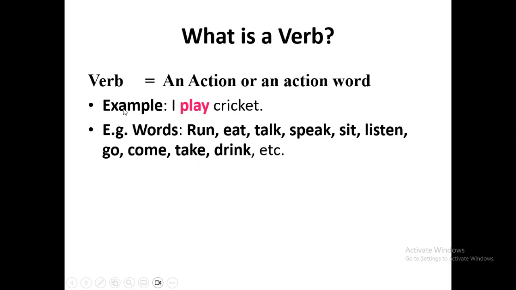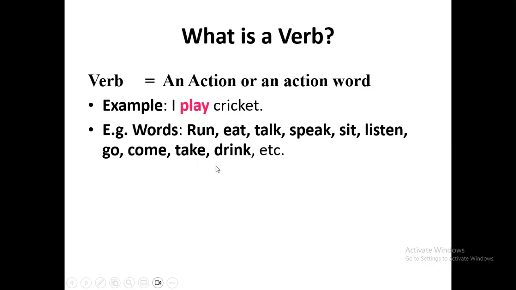For example, in I play cricket, the word play is an action word, which is called a verb. Some example words of verbs: run, eat, talk, speak, sit, listen, go, come, take, drink. All these words are examples of verbs.